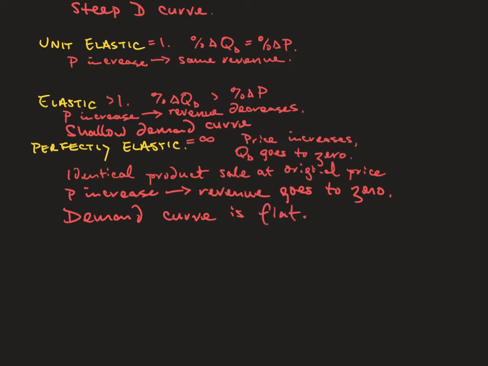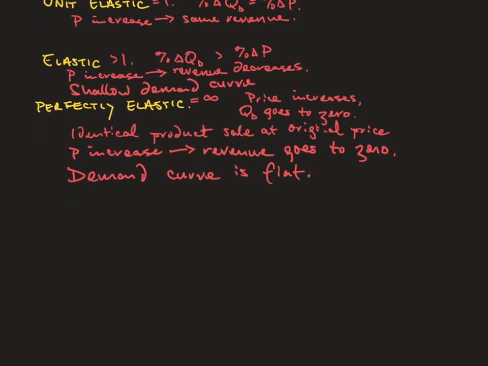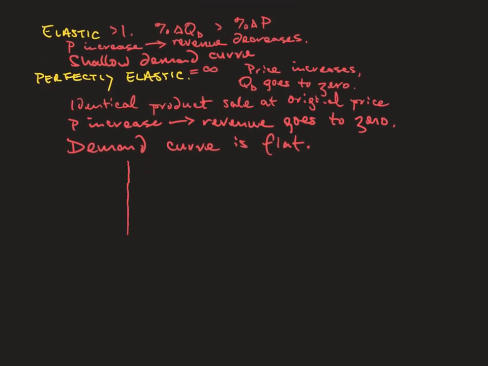The way to think of that is in a graph of price and quantity. There is a fixed price. Let me call it P1.